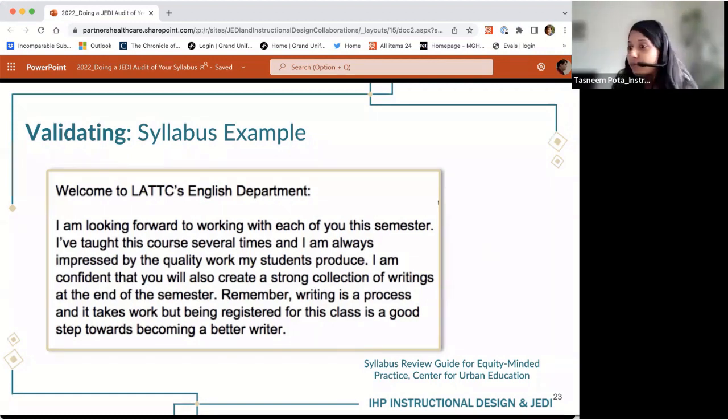Sam says it's very warm. Yes, it's warm and inviting. Afraid that I won't measure up to previous students' work quality. Yeah, acknowledging that it can be challenging at times.